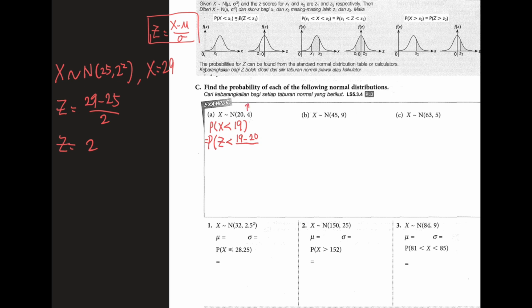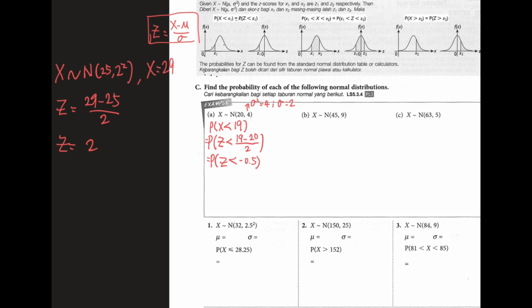Now remember, this is sigma squared. Sigma squared is 4, so sigma is 2. So Z less than negative 1/2, negative 0.5.